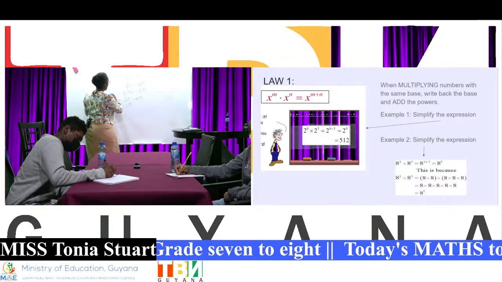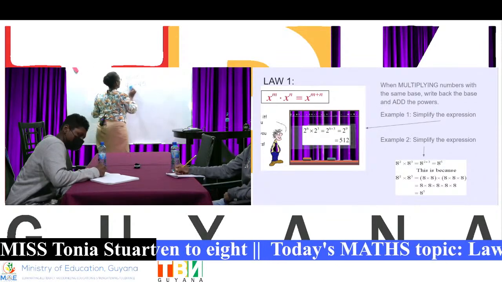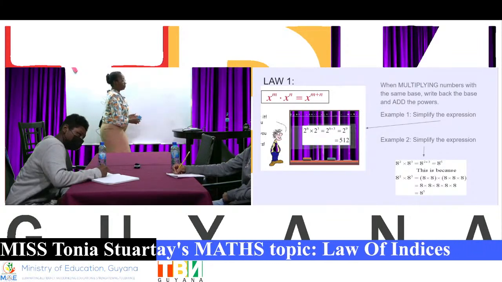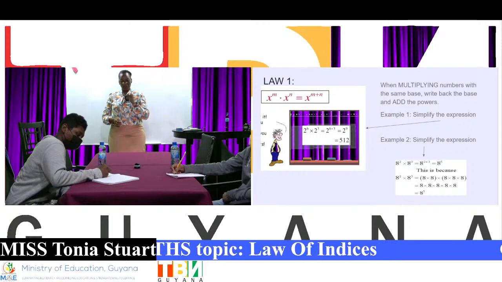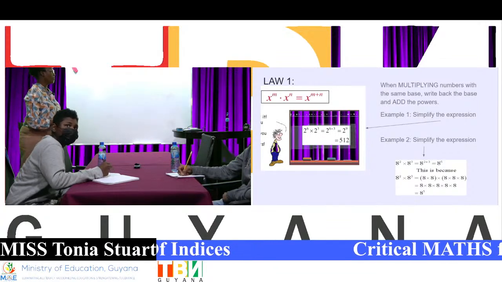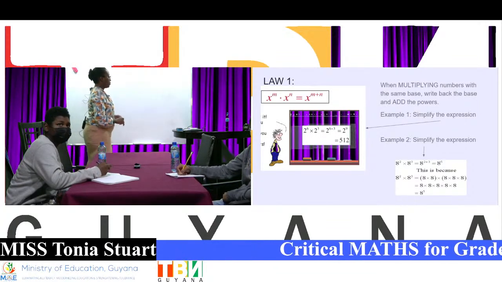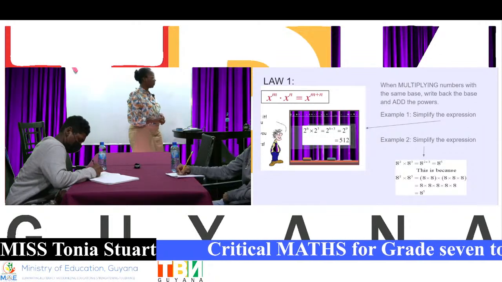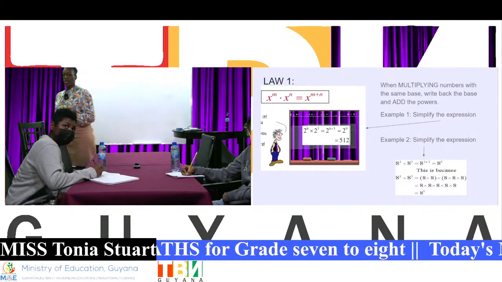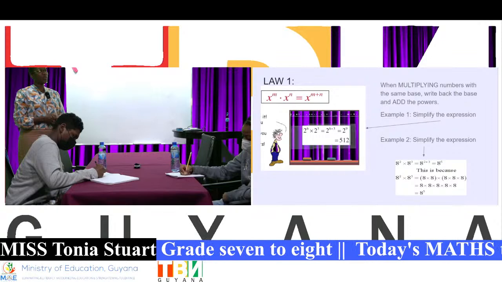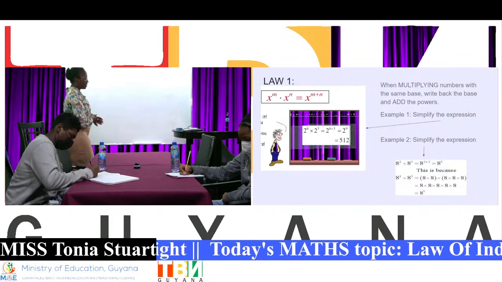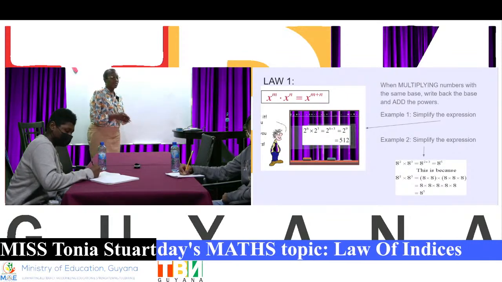So while you're copying, remember, we're multiplying index. We're looking for the same base to add the powers. If we do not have the same base, we cannot add the powers.